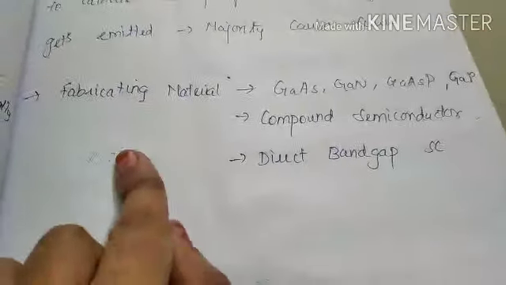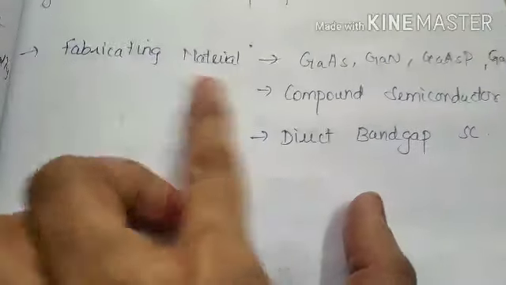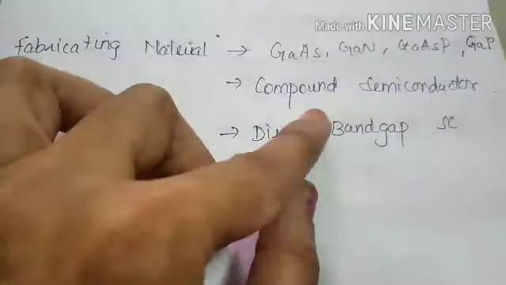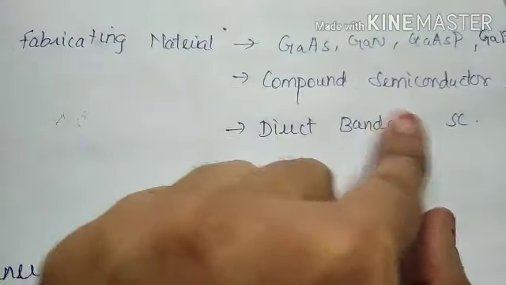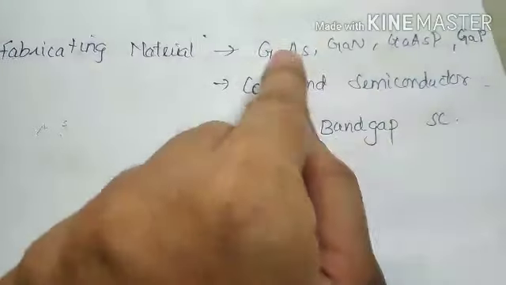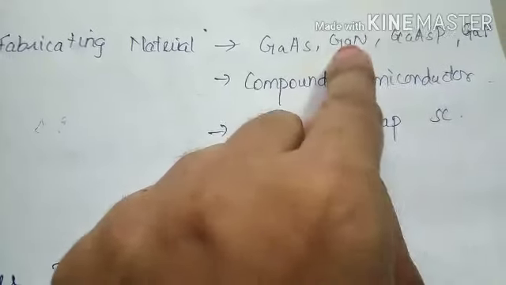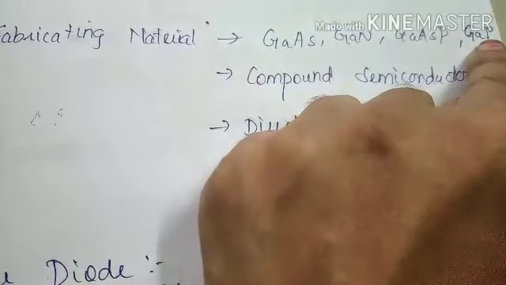One more important point regarding LED is the fabricating material. They may ask this type of question. A compound semiconductor is the fabricating material used for LED, in the sense of gallium with another type of semiconductor: gallium arsenide, gallium nitride, gallium arsenide phosphide, gallium phosphide.